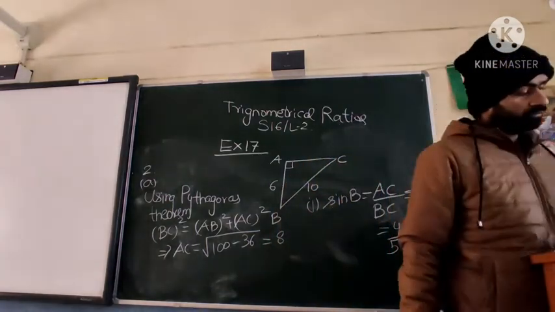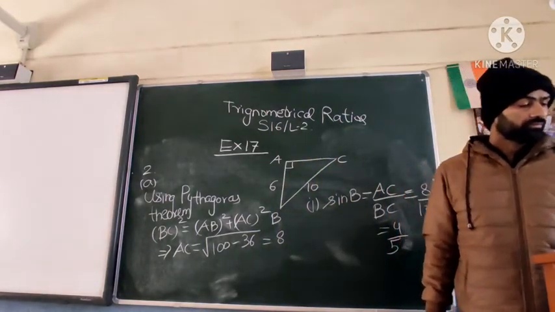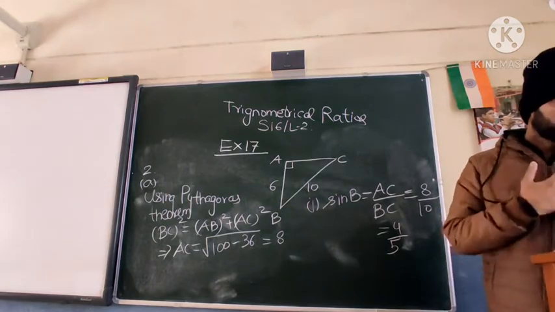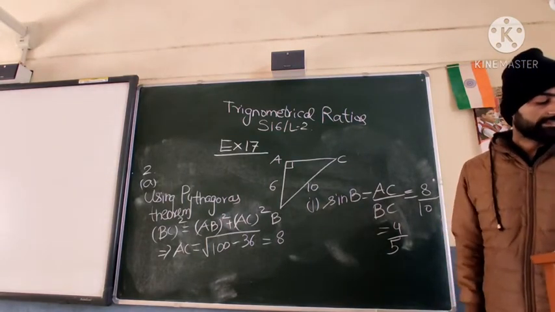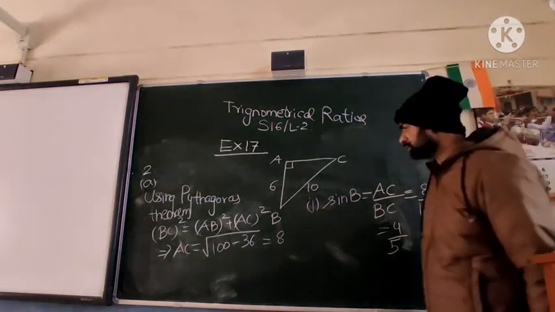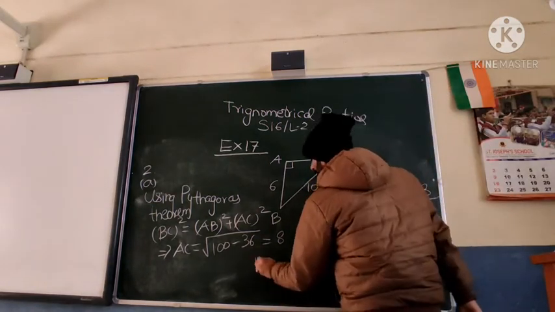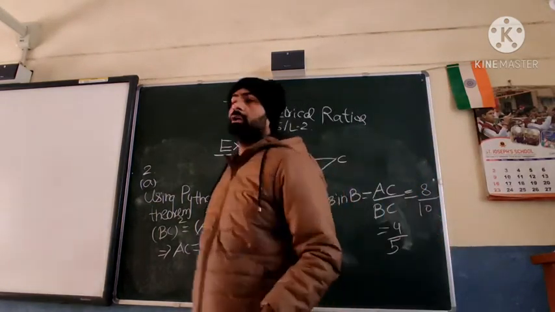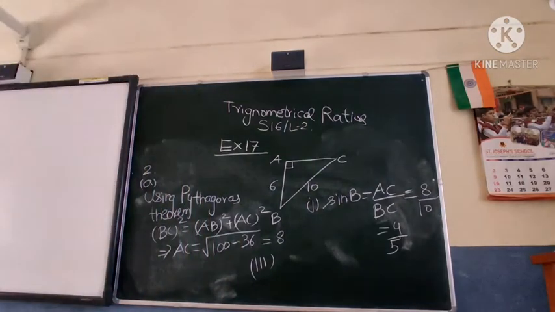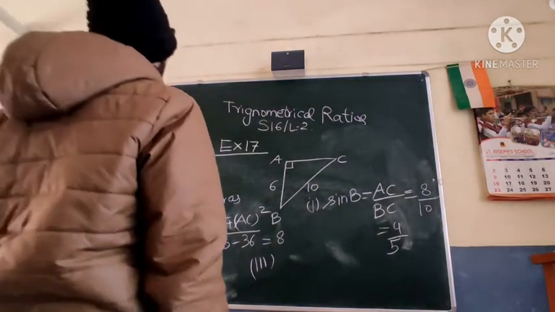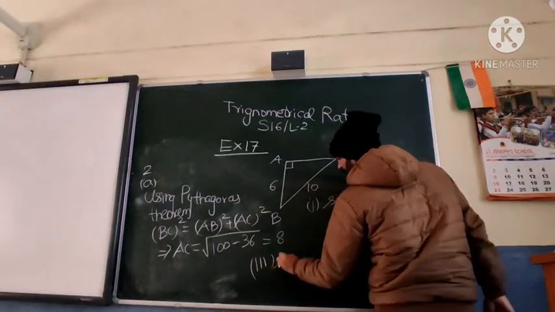Similarly, you can find sin C also. The third part says sin B plus sin C. So sin B is already calculated. What will be sin B plus sin C?